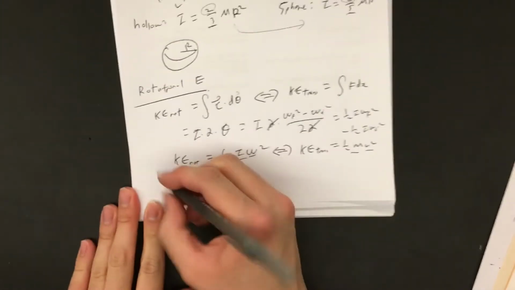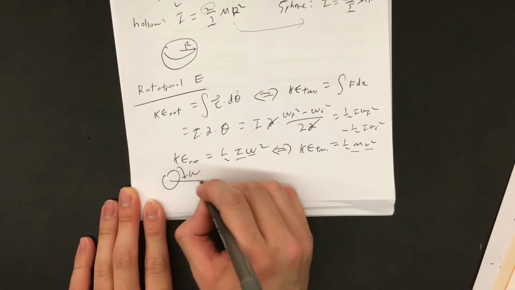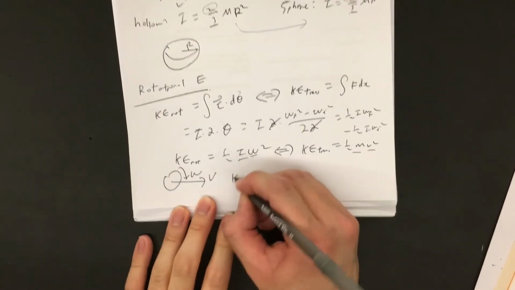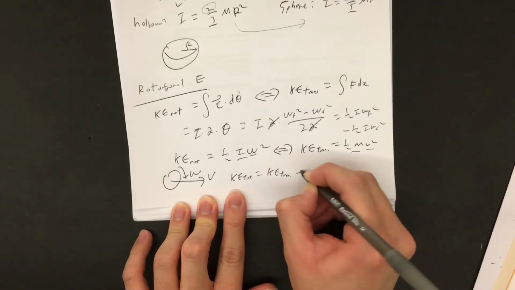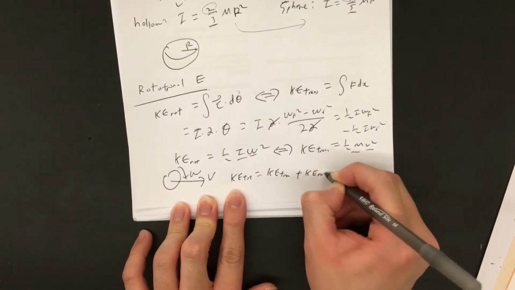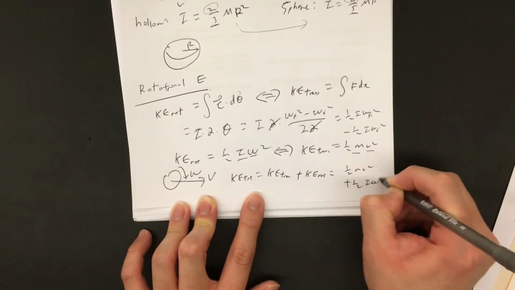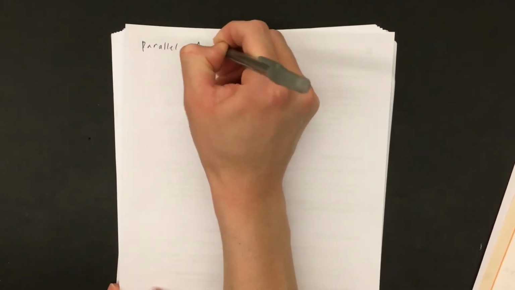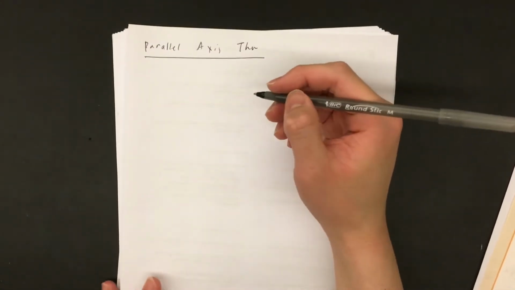Therefore, if an object is rotating at angular speed omega and is also moving linearly with speed v, then the total kinetic energy equals the translational kinetic energy plus the rotational kinetic energy, which equals 1/2 mv squared plus 1/2 I omega squared. Now there is a theorem called the parallel axis theorem, which is useful for calculating the inertia of an object about a point that is not at the center of mass.